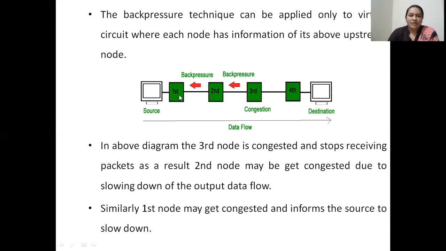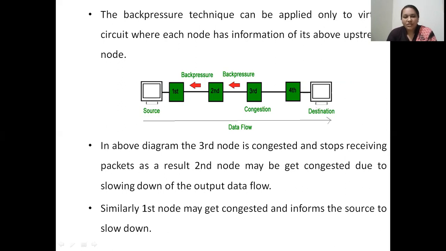So again, the congestion propagates to the first node, and the first node gets congested and it informs the source node to slow down because it is not able to handle the packets due to the communication network constraints.